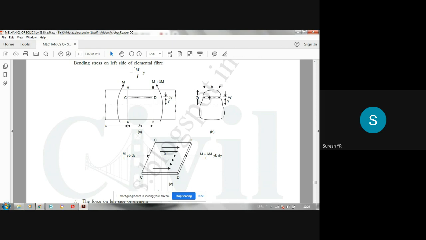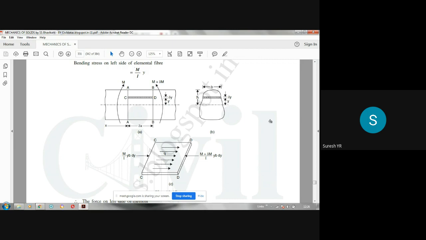I will explain that when I take up the problem. So a is the area above the strip, and this strip can be considered anywhere. If I take y is equal to 0, your strip will be here. Neutral axis itself is this strip. If y is equal to yt, your strip will be here, the top fiber.